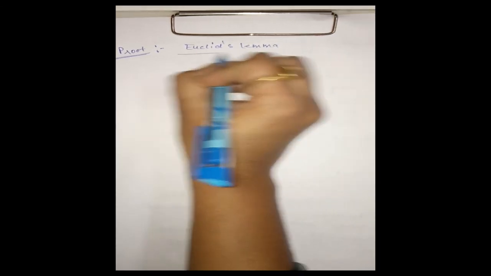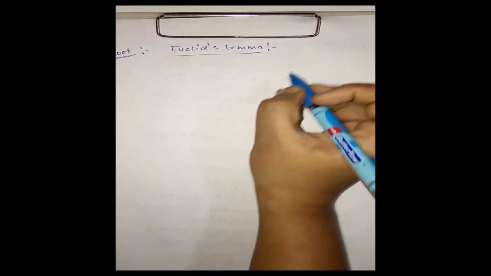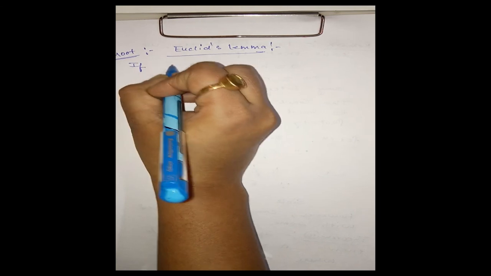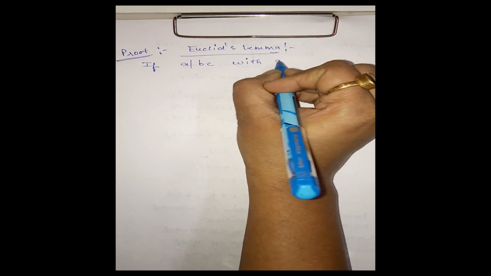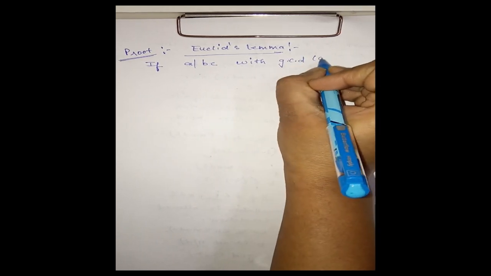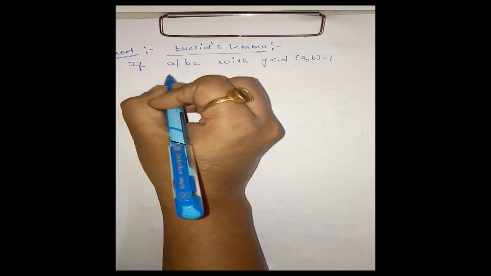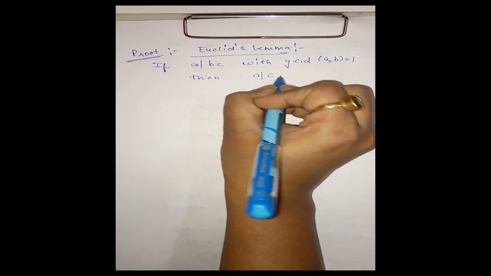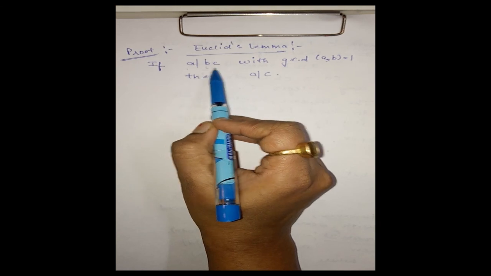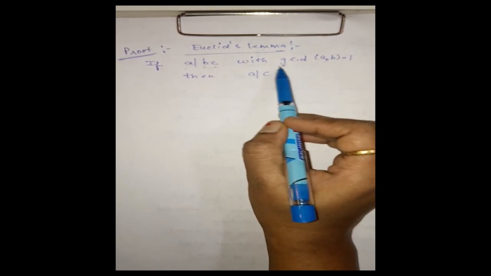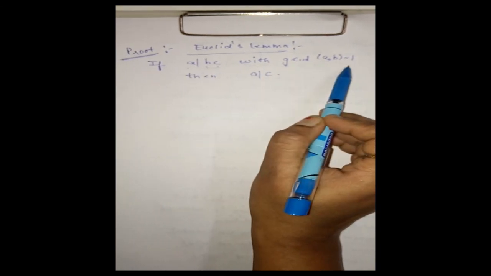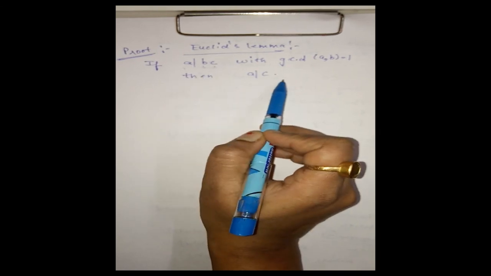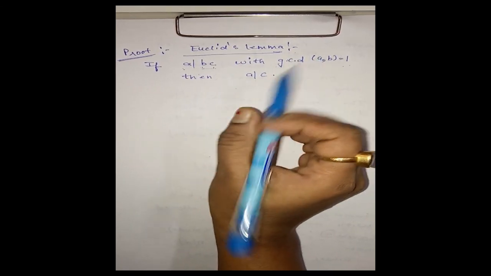Euclid's lemma will be used in proving this cancellation theorem. It says: if A divides B into C, with the GCD of A and B equal to 1, then A divides C. That means if A divides the product of two numbers B and C, with the condition that A and B are relatively prime, then A will divide C.